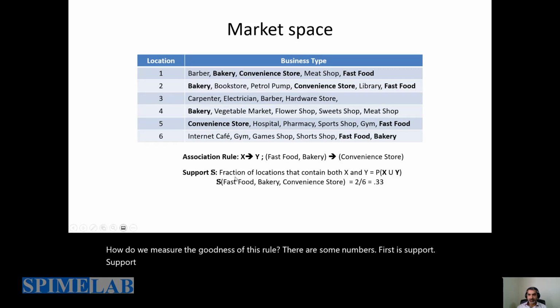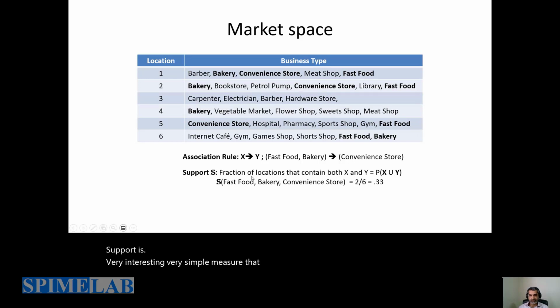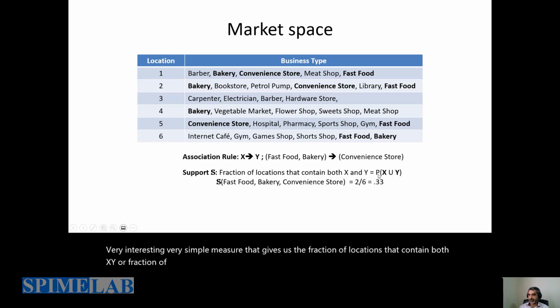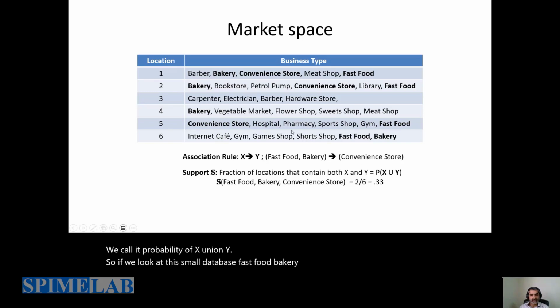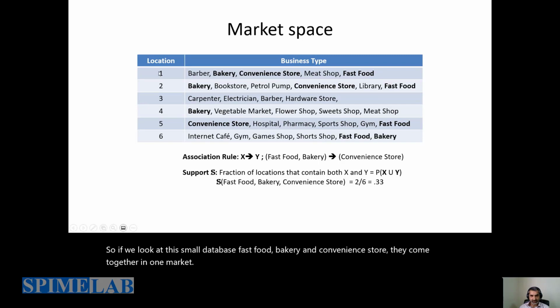Support is a very simple measure that gives us the fraction of locations, or fraction of transactions, that contain both X and Y. We call it the probability of X union Y. So if we look at this small database, fast food, bakery, and convenience store come together in one market, in one location, 2 times.